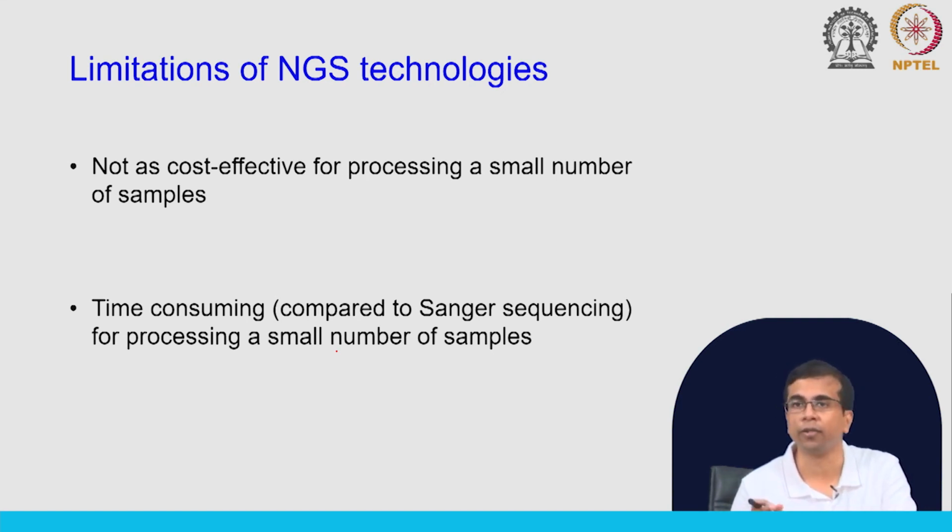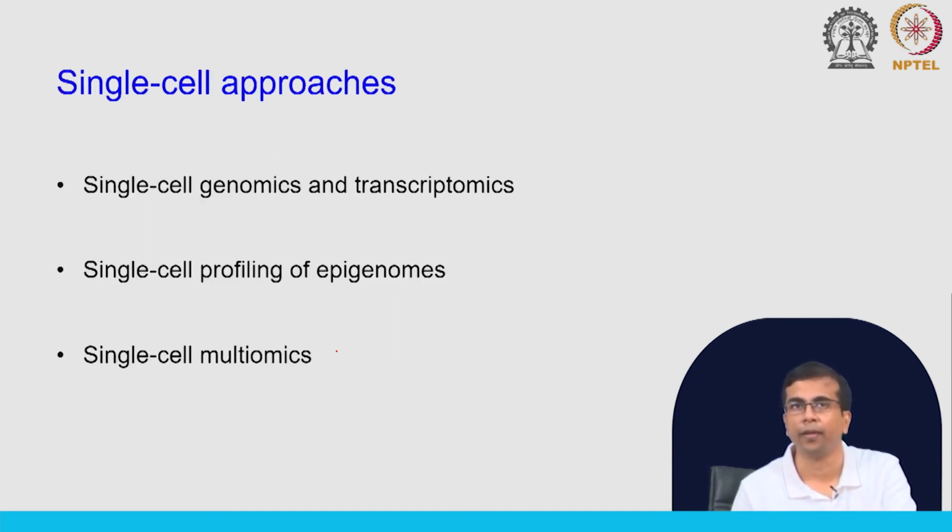In addition, with newer advancements, we are making these steps, such as library preparation, much simpler so that they take less time. These technologies have advanced so much that we can now take single cell approaches, where we apply genomics, transcriptomics, and epigenomics to the study of single cells instead of a full organism or a whole tissue, and this has given us tremendous insight into the workings of biological systems.